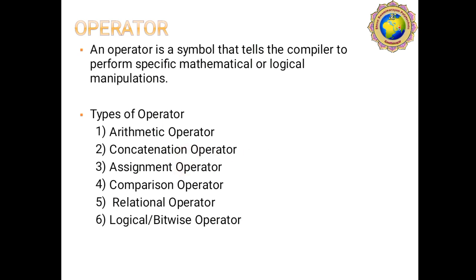Fourth is the comparison operator, then the relational operator, and sixth is the logical and bitwise operator. So in this language we have to study these types of operators: arithmetic, concatenation, assignment, comparison, relational, logical and bitwise. Let's start.